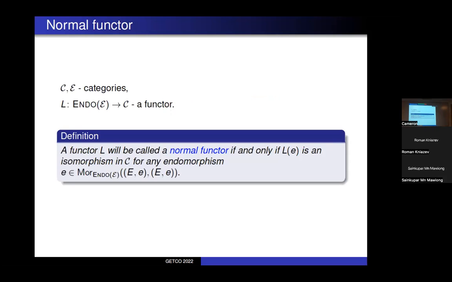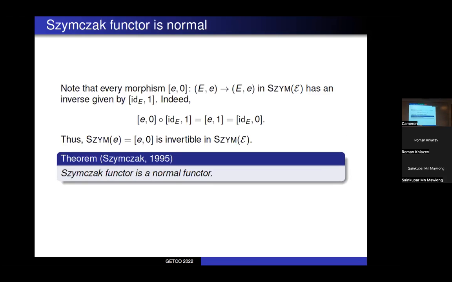And now this is the formalization of this key feature from the point of view of Conley index, namely a functor from the endomorphism category to some category C will be called a normal functor if it sends any endomorphism from the endomorphism category to an isomorphism in C. And as you can guess, the Szymczak functor will be a normal functor.